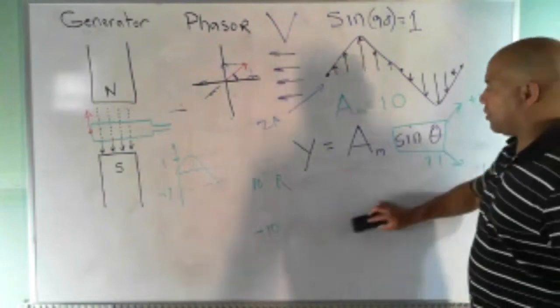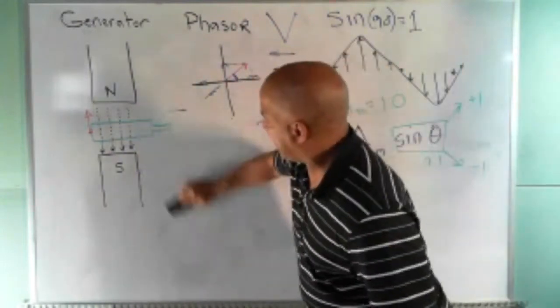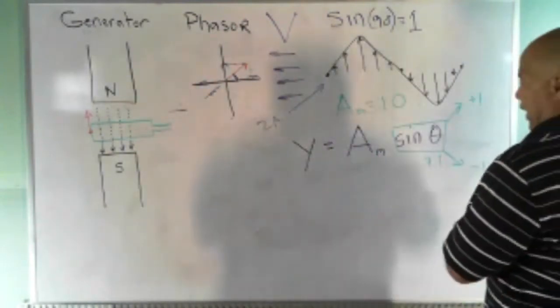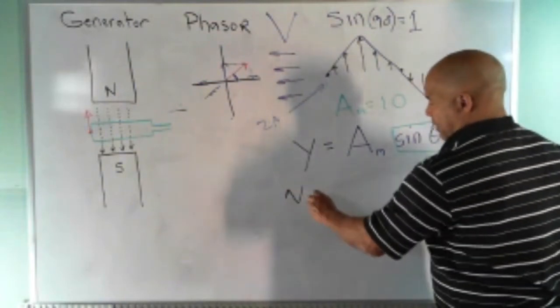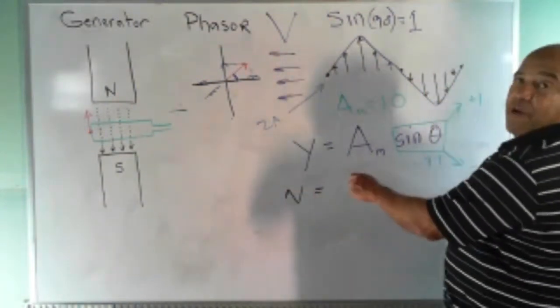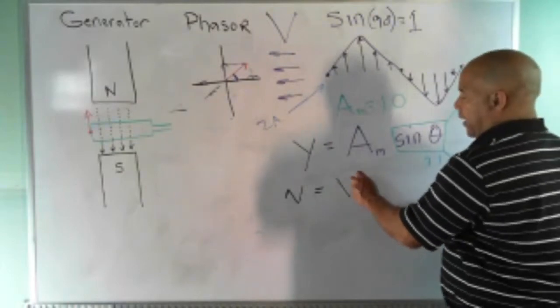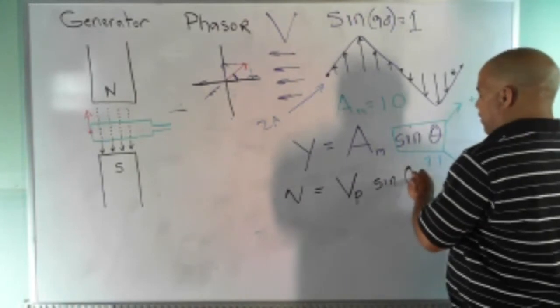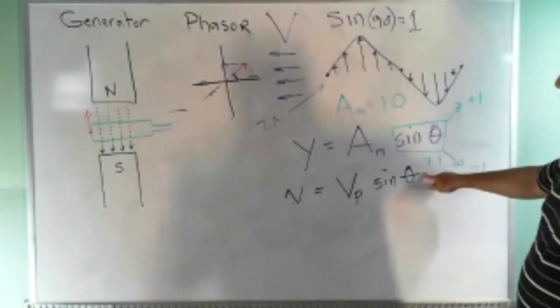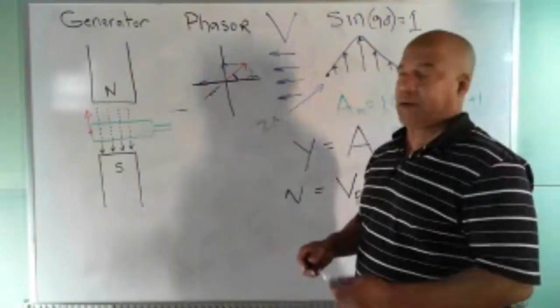So instead of using Y and A and all of that, our equation is going to look like this. It's going to be V equals, now instead of A for amplitude, we're going to use a VP sine theta. So this is going to represent the voltage coming out of that generator.